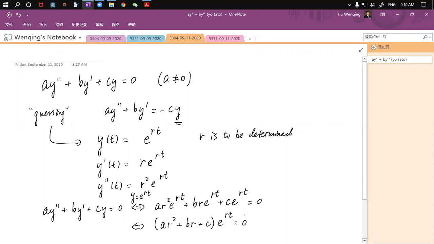You can see that this e power rt is never going to be 0 because it's an exponential function. So the only thing that happens is ar squared plus br plus c is equal to 0.